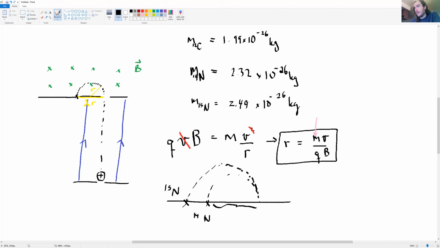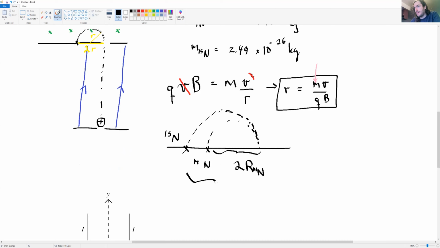So this here is twice the radius for N14, and this here is twice the radius for N15. The difference between those two is going to give us this distance right here, which is the distance we're interested in.